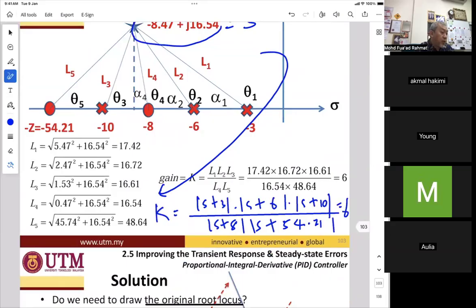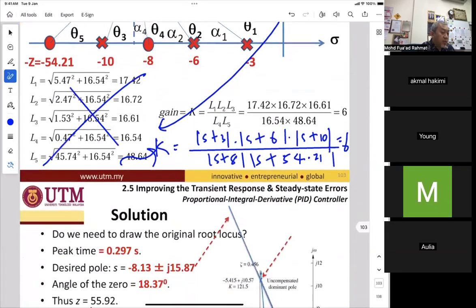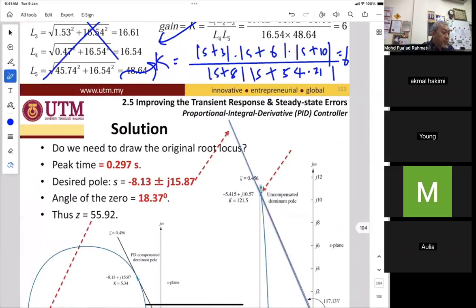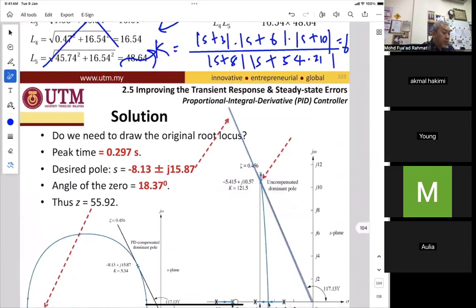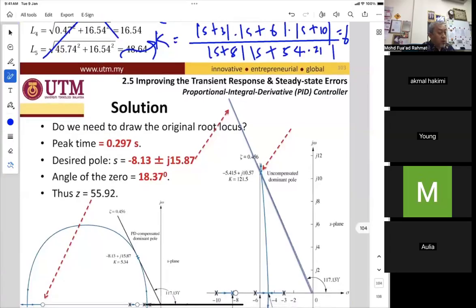Okay, guys, two ways using L1, L2, L3, which I'm not advised. So you use this one, it is much better and easy to calculate. So do we need to redraw the original root locus? No need, because now the new peak time is 0.297, new dominant pole here, and the angle of zero is about 19 degrees.